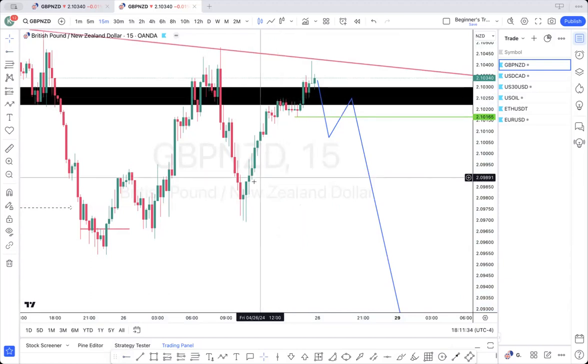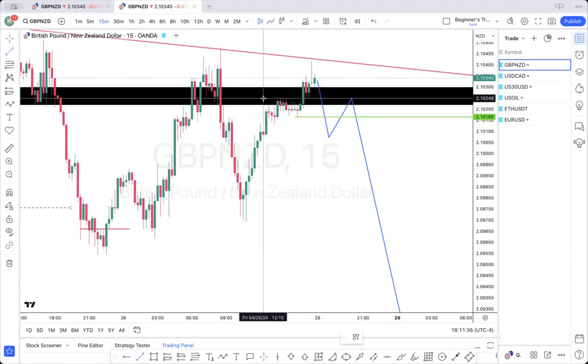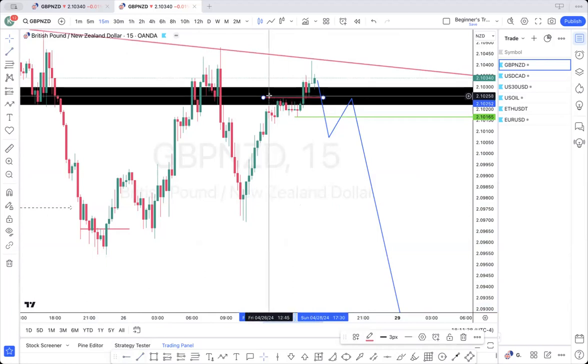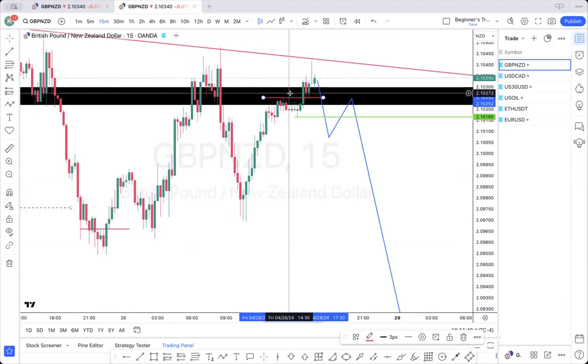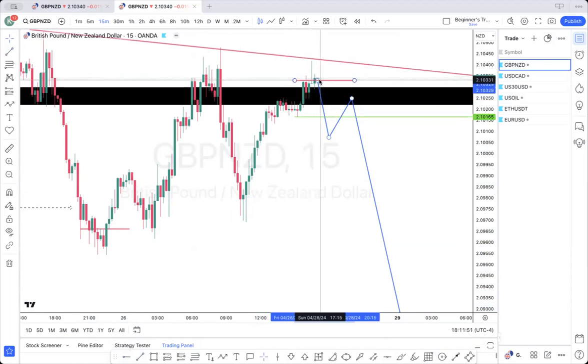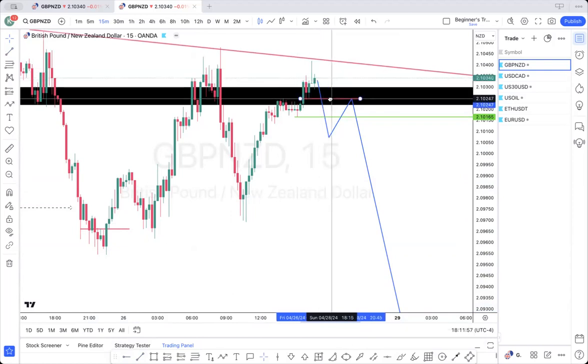Once price broke this here, right? You now have, this was the swing low. Hold on, because now I'm looking at this. This pushed up and price broke here, right? So now my swing is right here. This is my swing right now.